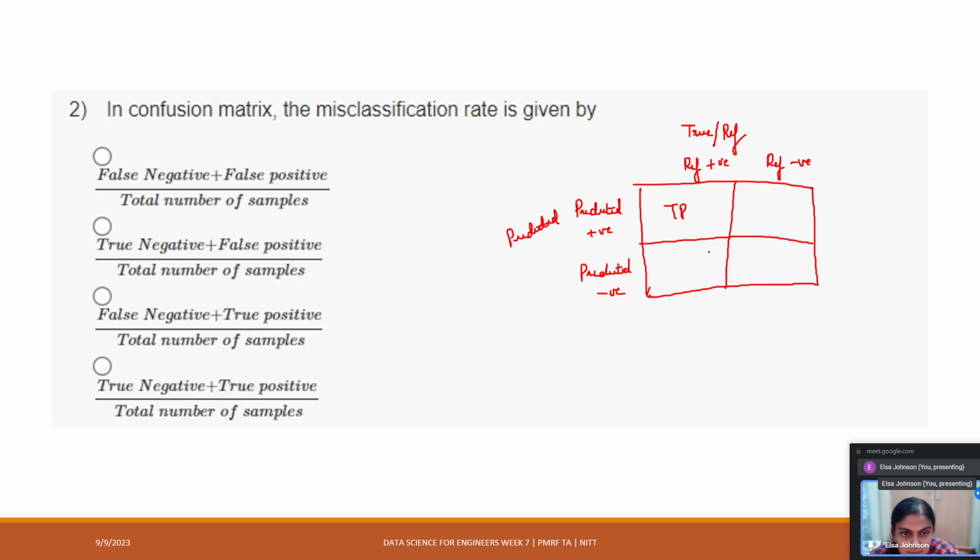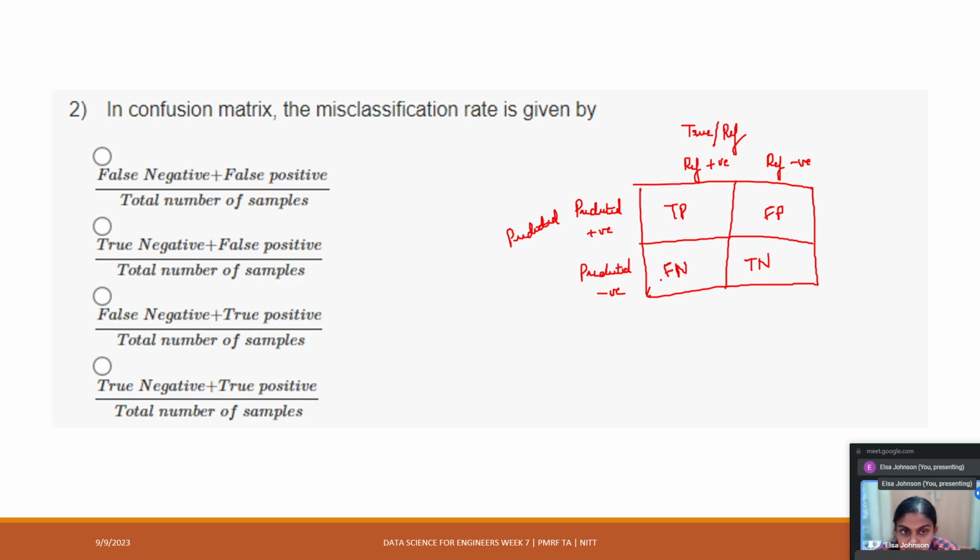So here, we will see the true ones first. Predicted negative and reference negative is the true negative. Here the prediction is positive but it is false, so it is a false positive. And here the prediction is negative but it is actually positive, so it is a false negative.